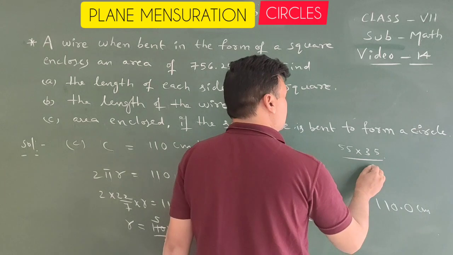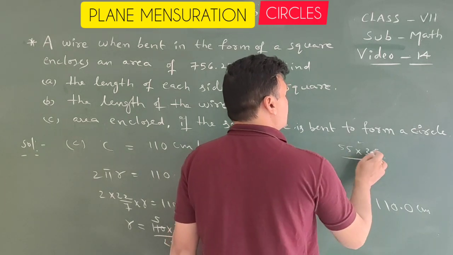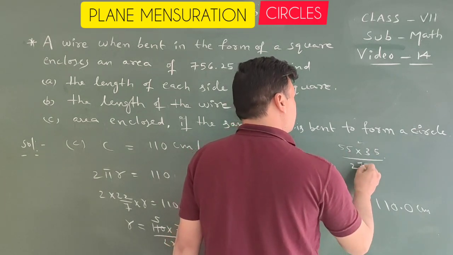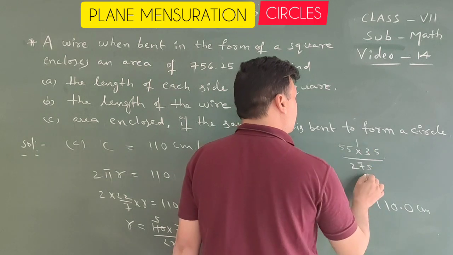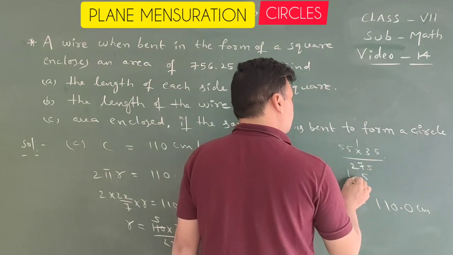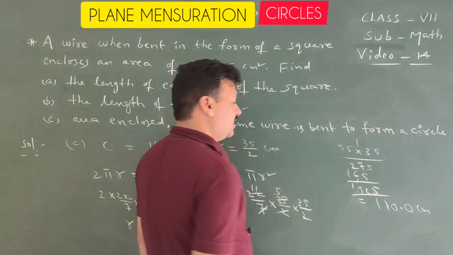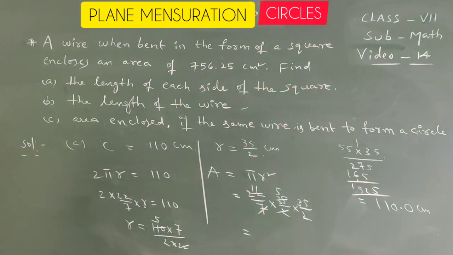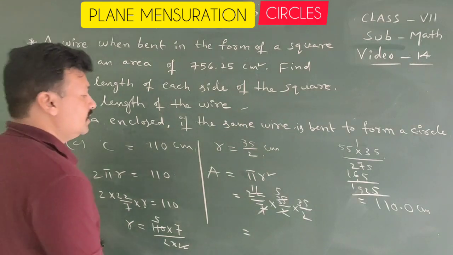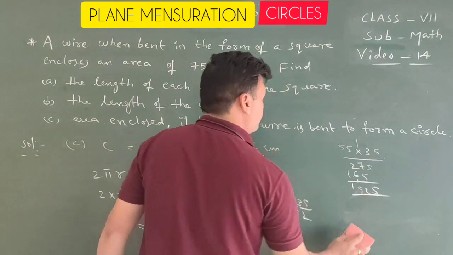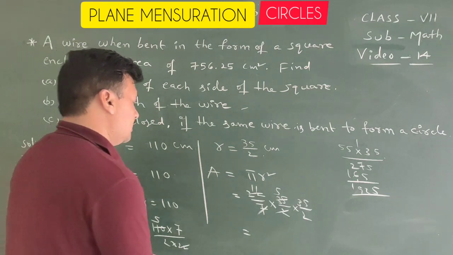Now 5 5s are 25, 25 plus 2 is 27. Again 5 3s are 15, 15 plus 1 is 16. 1925 is the required area.